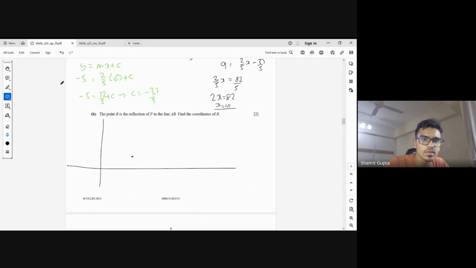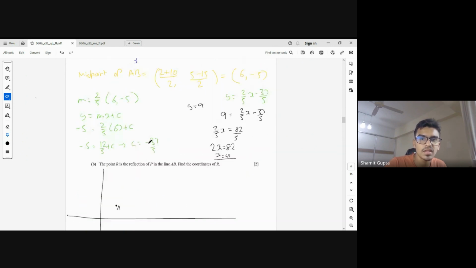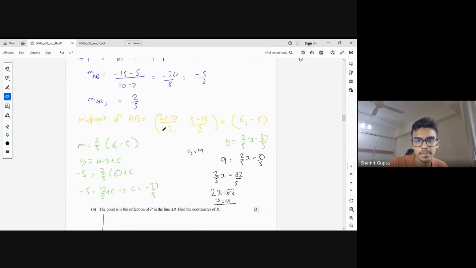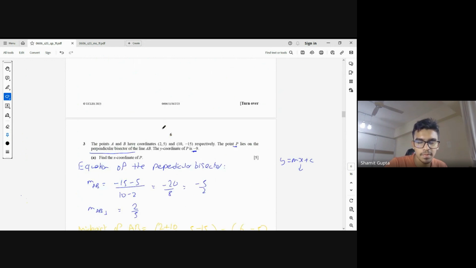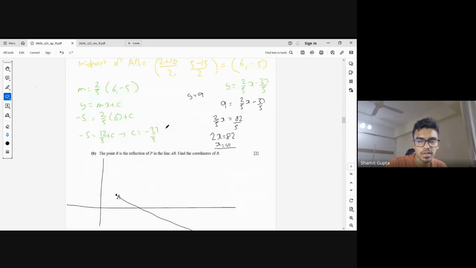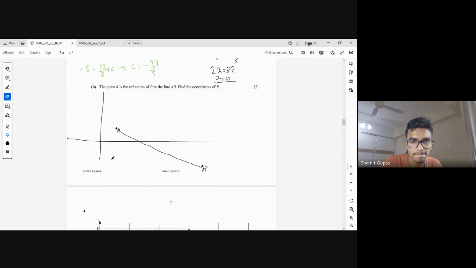Maybe point A somewhere here, (2, 5), right? So this is A. B is (10, -15), so maybe somewhere here. So join AB like this. Then the perpendicular bisector has a coordinate (41, -9). So maybe 41 somewhere here and -9 somewhere here.